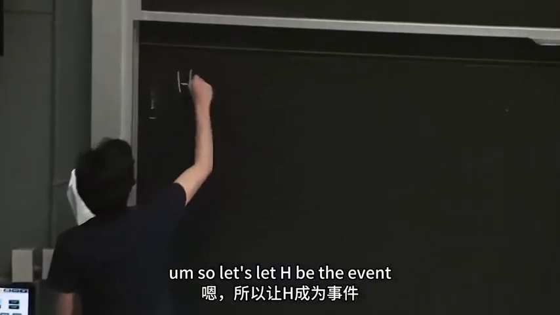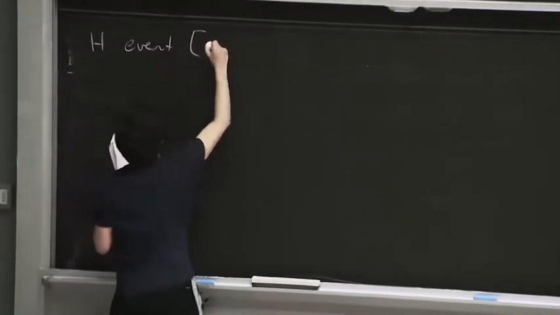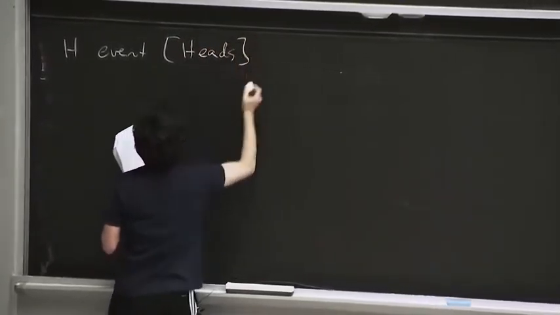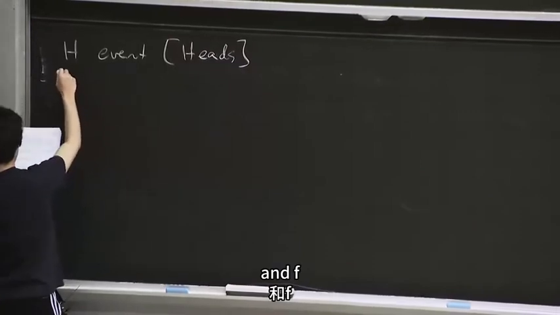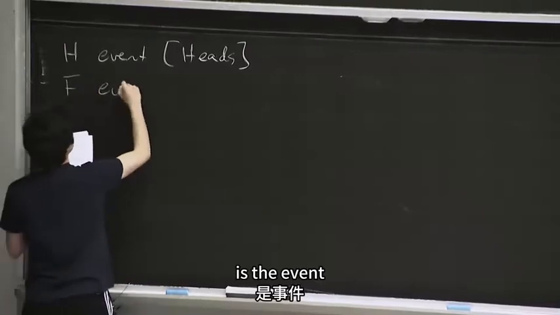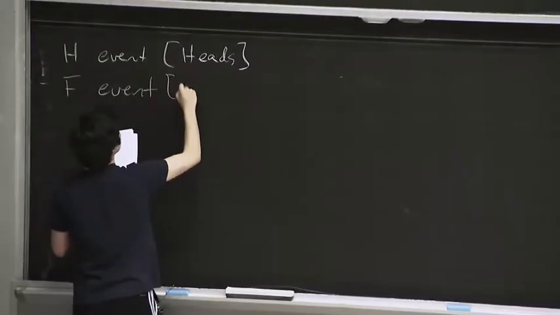Let H be the event that we flipped heads, and F is the event that we picked the fair coin.